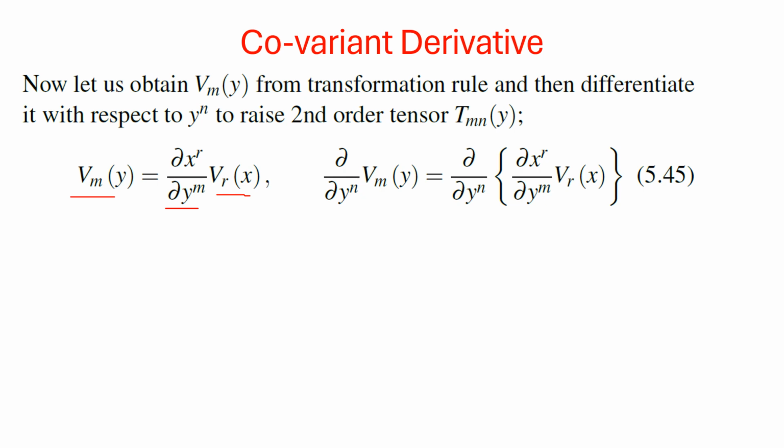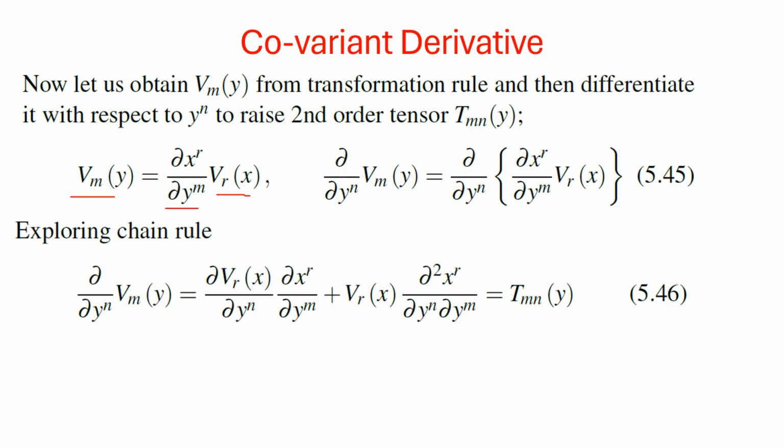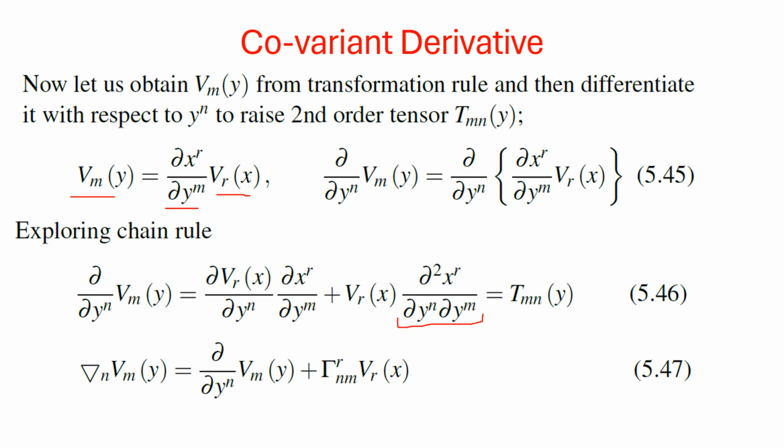So when you differentiate this, you have to apply the chain rule, and that chain rule results in two terms, where this object, which is a mixed partial derivative, is an added element that comes out of the application of the chain rule while differentiating.